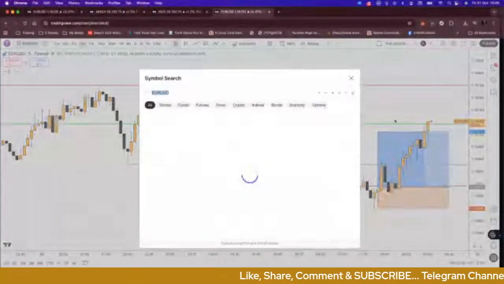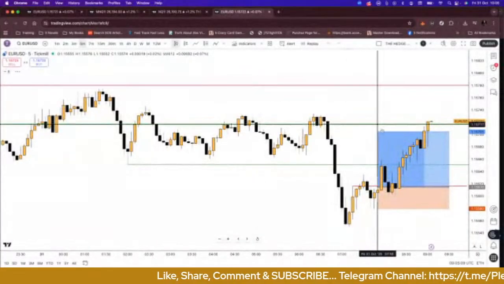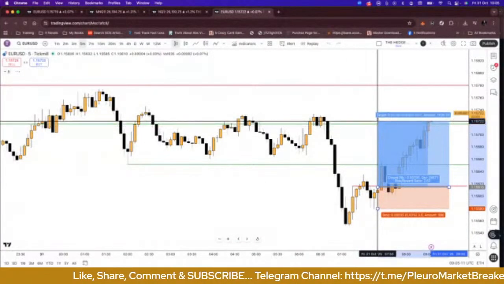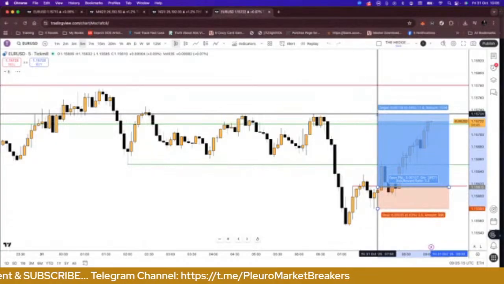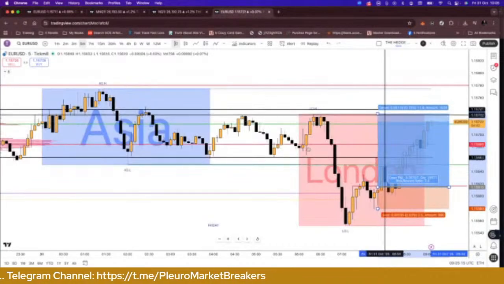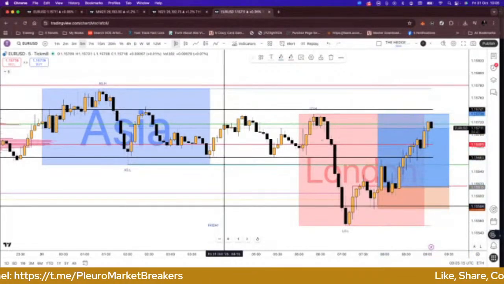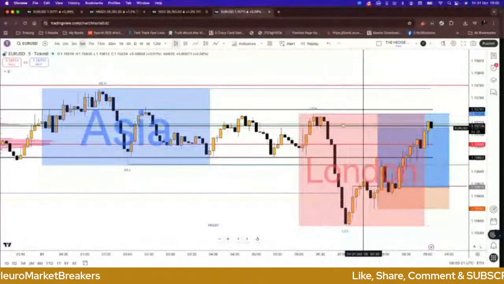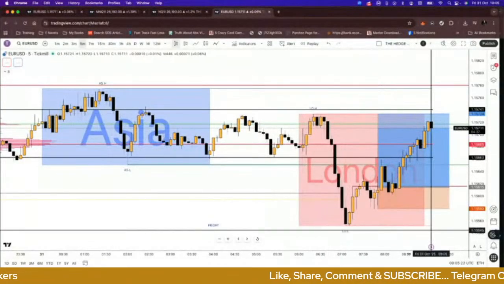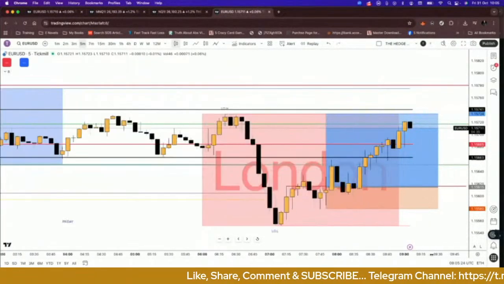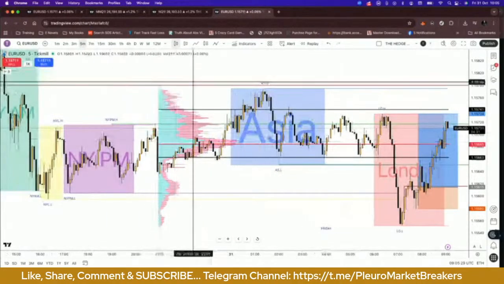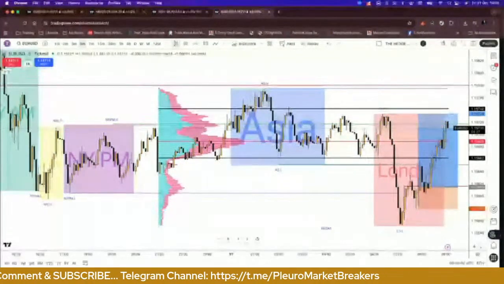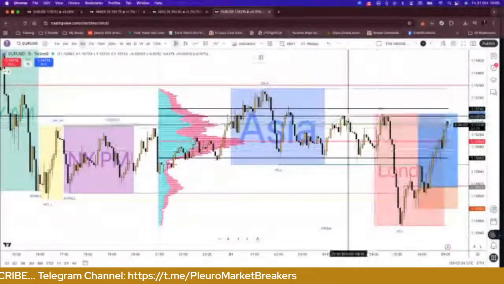Okay, so that scalp, like I said, if you were targeting the London high, actually, no, I can see why you would target the London high, because it's a double high. Look at that. It's a clean double high. And we know that double highs and double lows are basically waiting to be raided.